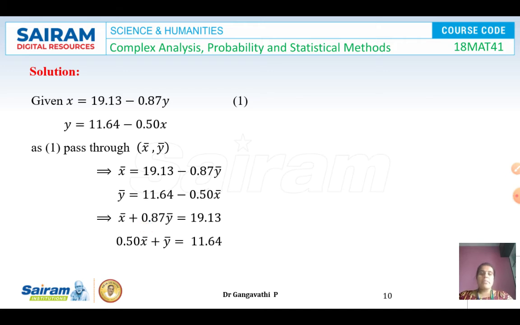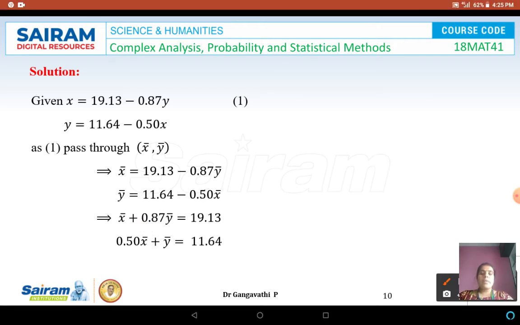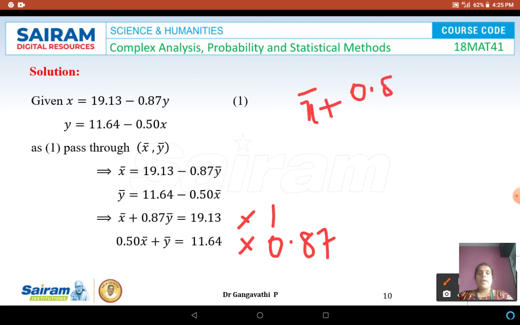Solving the simultaneous equations, as you might know, I will multiply the first equation by 1 and the second equation by 0.87, so we are eliminating y bar. When we do so, we get x bar plus 0.87 y bar is equal to 19.13. The first equation remains as it is since we are multiplying by 1.